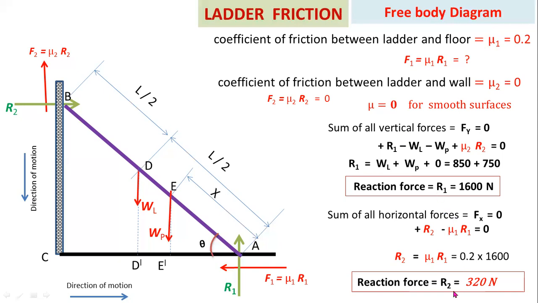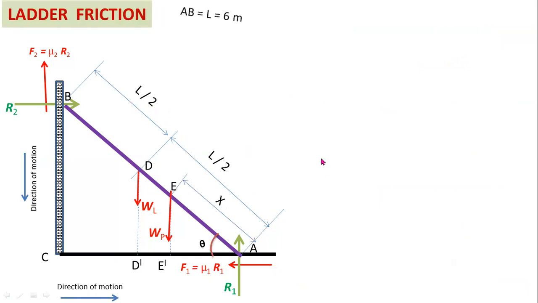After getting the reaction forces, you have to determine the position of the person, that is, the value of x from the bottom of the ladder. To determine the distance, you have to consider moment of forces about point A. Already we know that length of ladder AB equals 6 meters, and the length of floor AC equal to 2.54, that is AB cos theta equal to AC value.